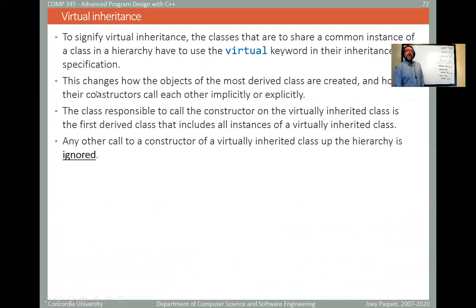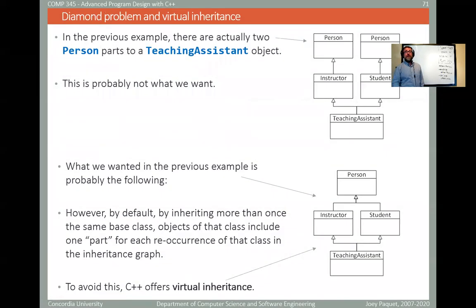That actually changes the way in which the objects are created. If you remember the order in which the parts are created, if I create a teaching assistant, it's going to create the person part, then the instructor part, then another person part, then the student part, then the whole teaching assistant.